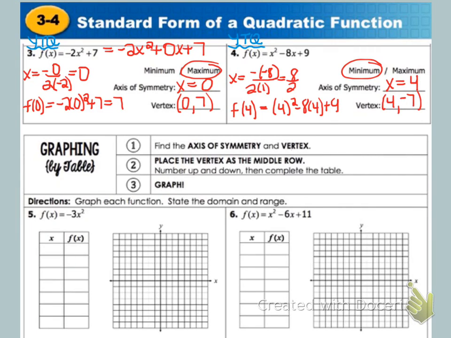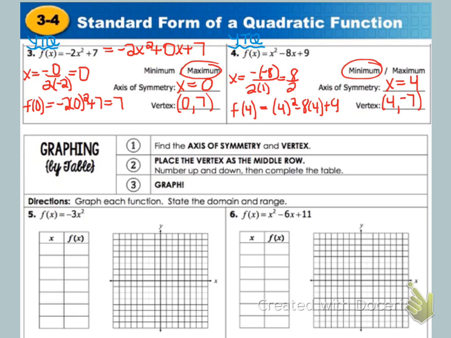So now that we know how to find these key parts of a quadratic function, the maximum or minimum, the line of symmetry, and the vertex, let's take all those things and graph some of these functions. Basically, we're going to follow these 3 steps as we graph. First, we're going to find the axis of symmetry and the vertex, like we just practiced.